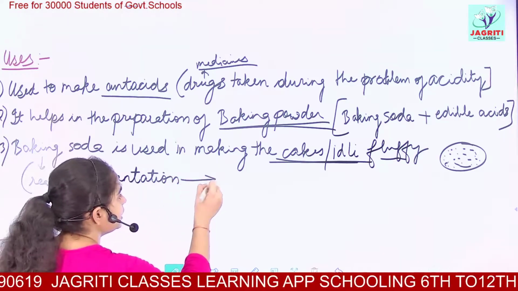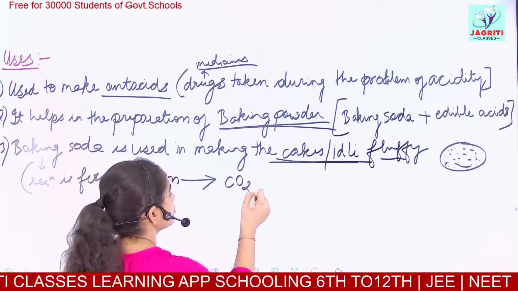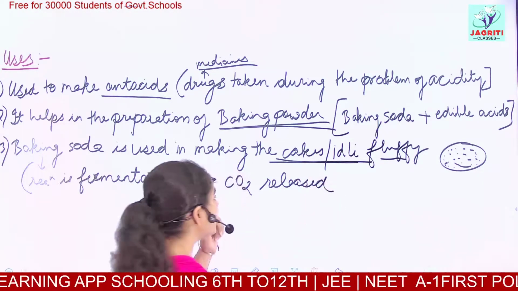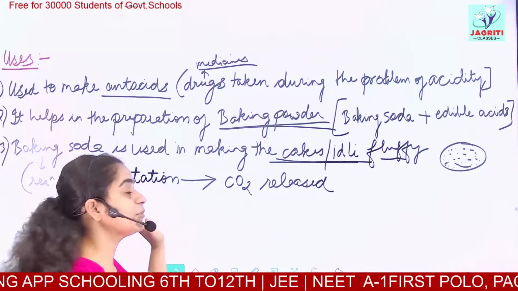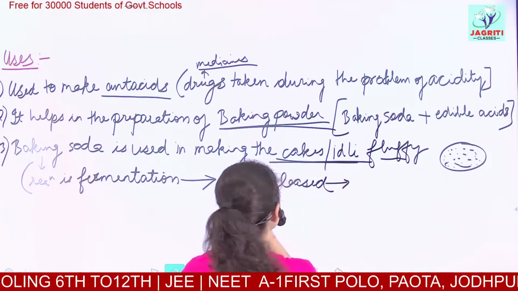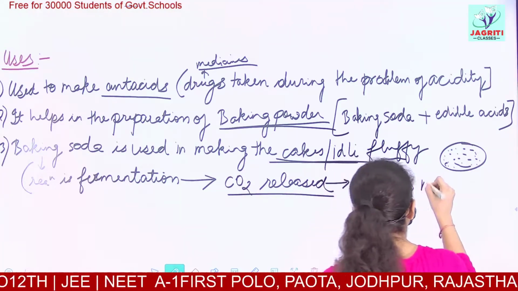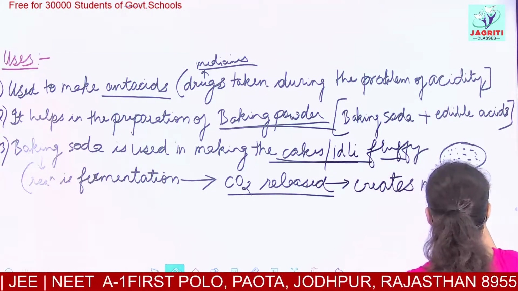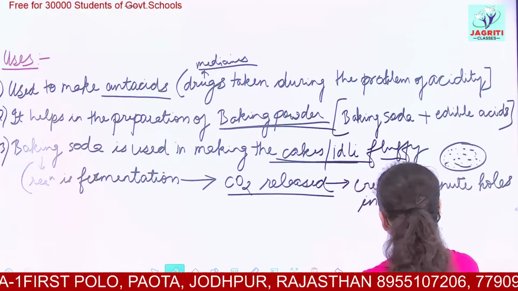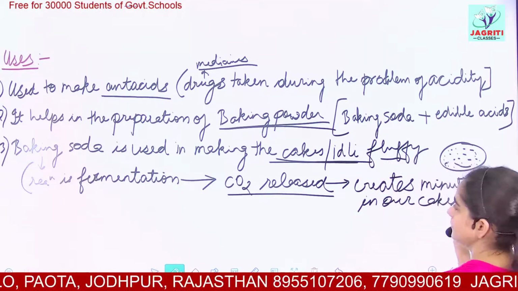In the process of fermentation, carbon dioxide is released as a product, and the release of carbon dioxide creates minute holes in our cakes or idlis, whatever you make.